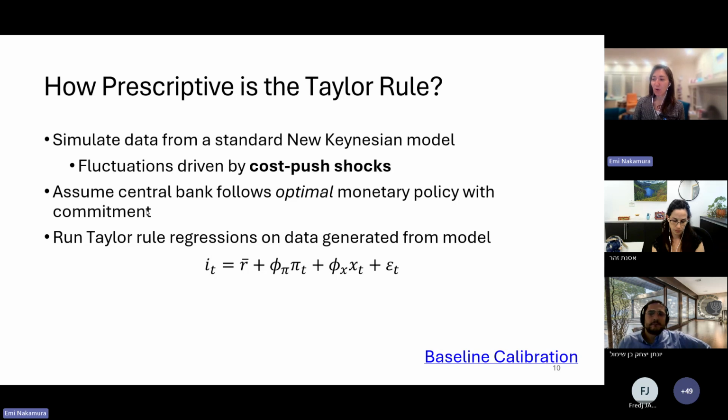Importantly, we're going to analyze what happens when you have fluctuations in inflation that are driven by cost push shocks. I emphasize this because when you have demand shocks, it's kind of obvious how policy should respond. Intuitively, demand shocks in a macro model move both of the central bank's objectives in the same way.